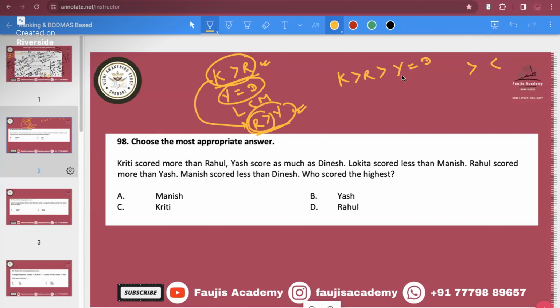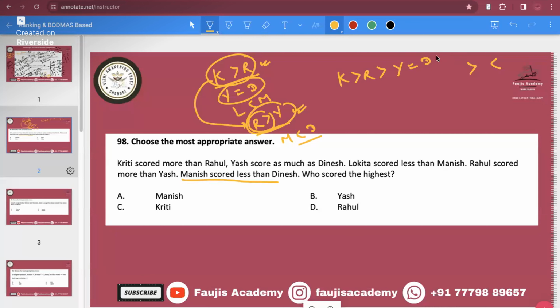Okay. And L scored less than M. There's another one. M scored less than D. Okay. So if M scored less than D, M will be where?